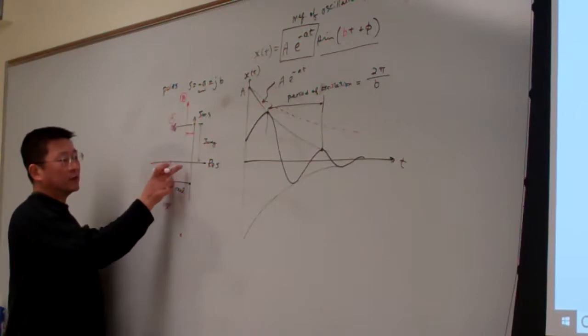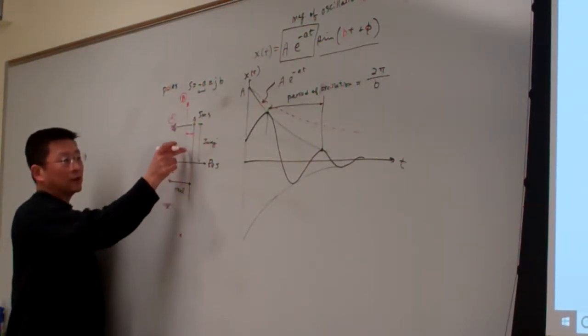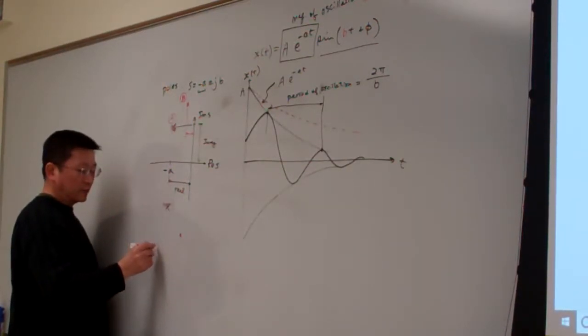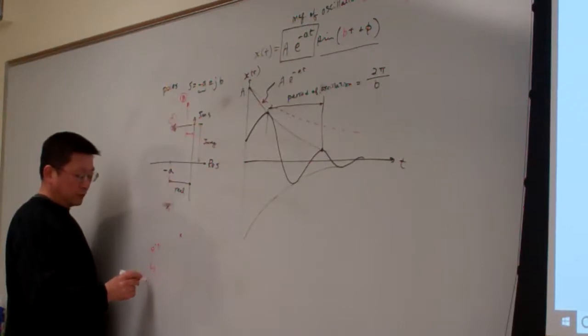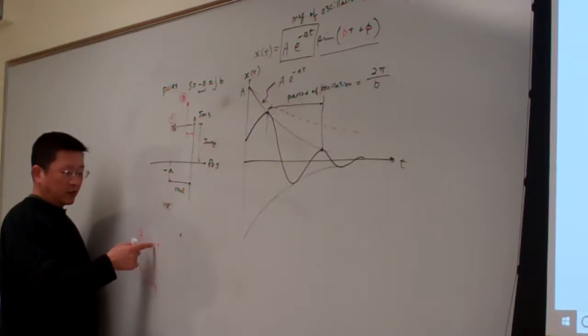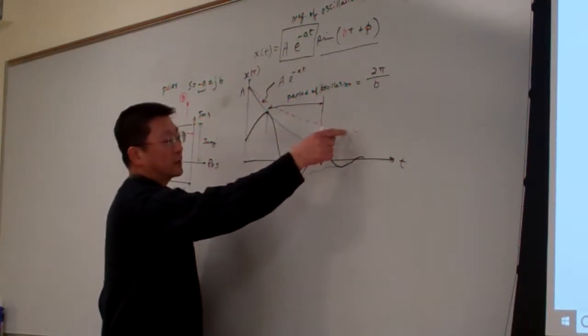For example, system A is minus 10 and this is minus 1, so that means e^(-t) compared to e^(-10t). This is system B, this is system A. So system B has a much slower decay.